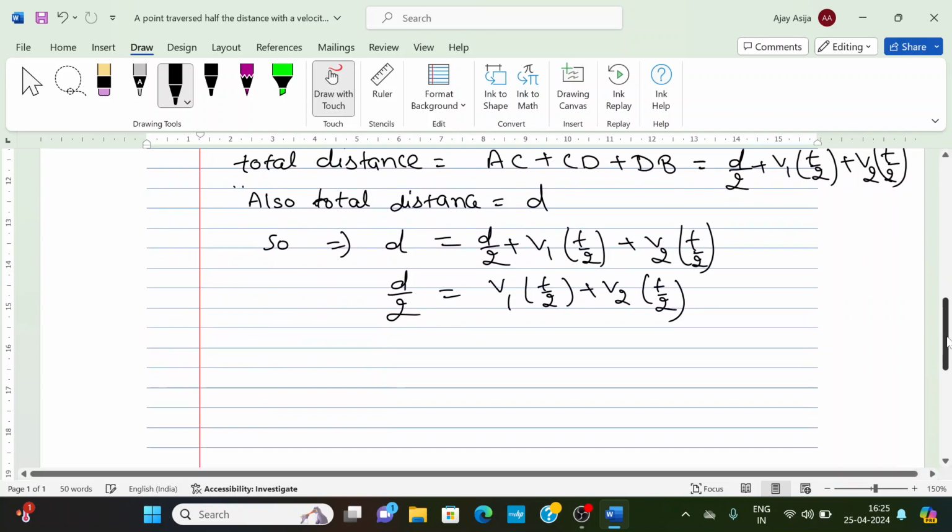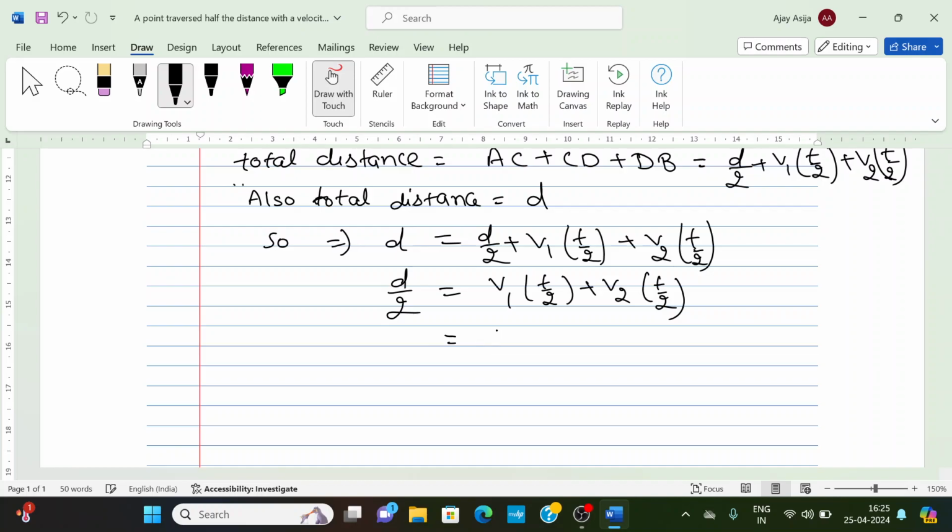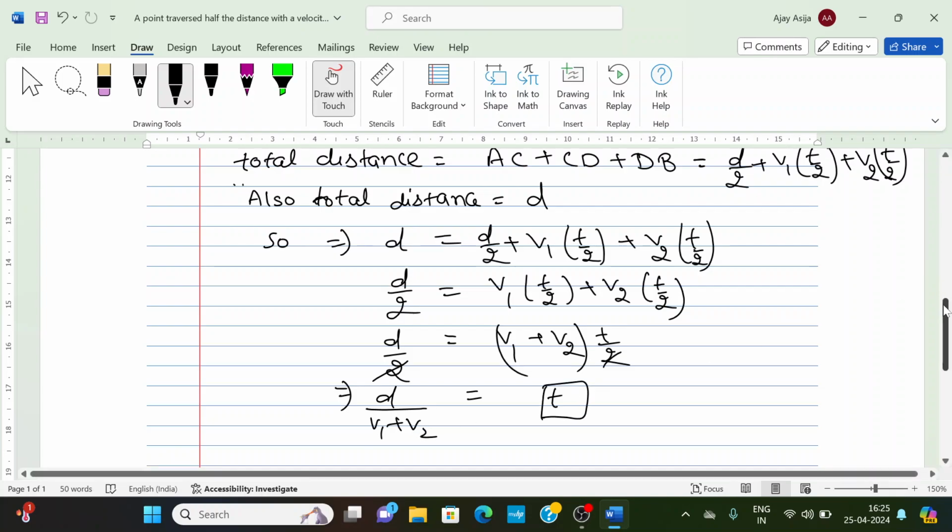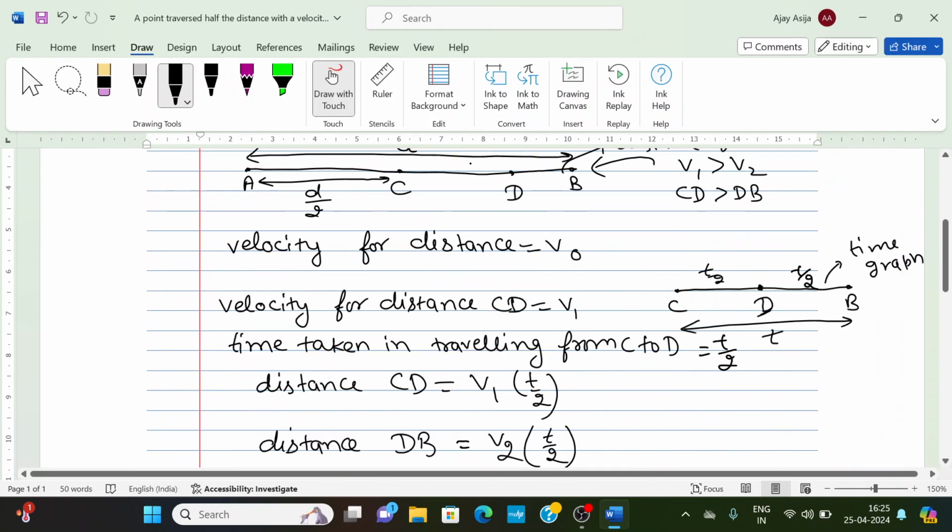T by 2 can be taken common from the right side, so this will be v1 plus v2 into T by 2 equals D by 2. The 2s cancel out. So time T will be equal to D upon v1 plus v2. This is the time taken in traveling from C to B.